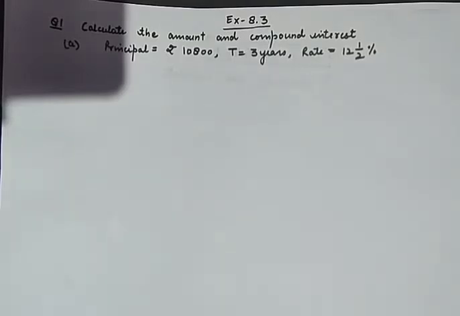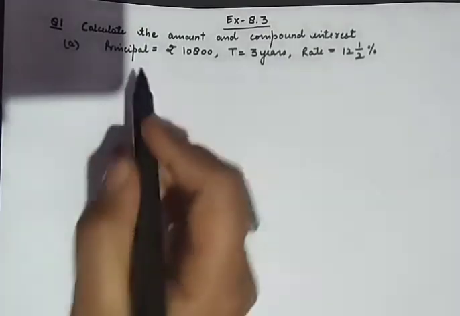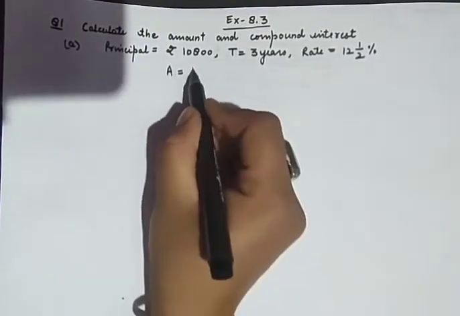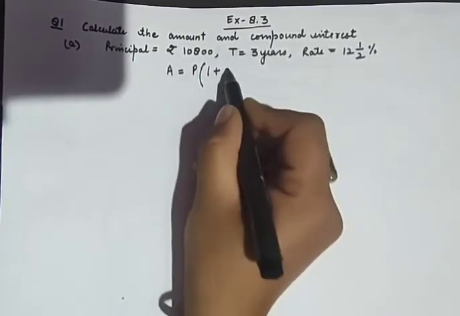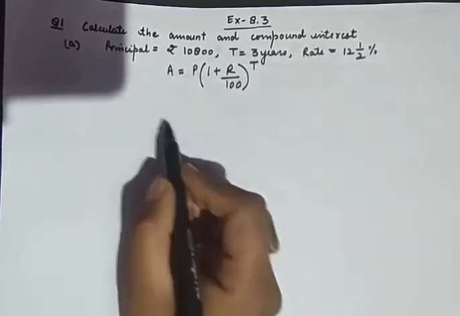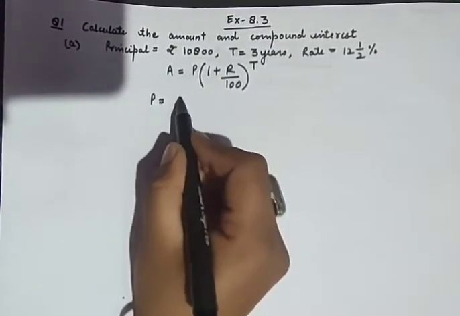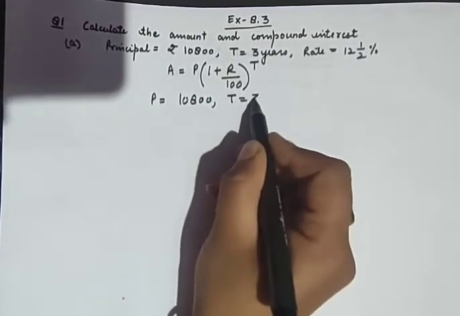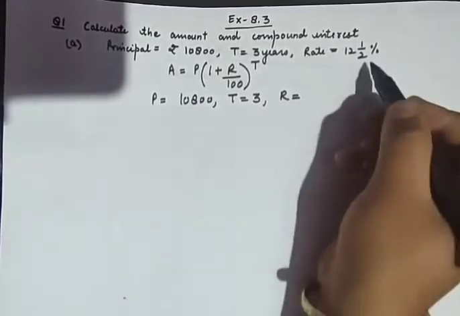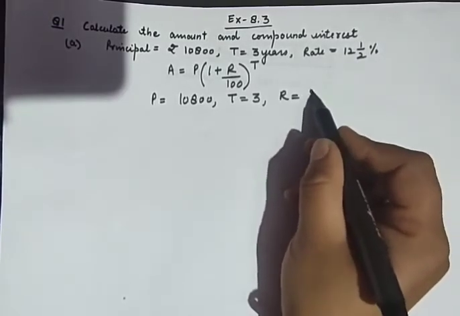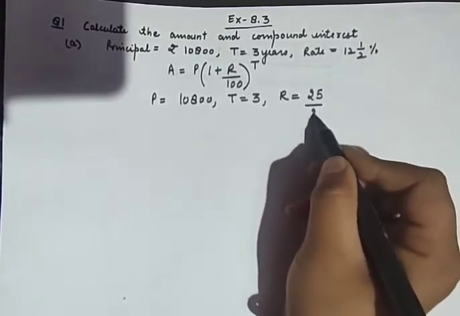So firstly, you all know what the formula for amount is. The formula for amount is P into (1 plus R upon 100) raised to power T. So what is P in this case? In this case P is 10800, T is 3 and R is, if I convert this mixed fraction into a simple fraction, 25 upon 2%.